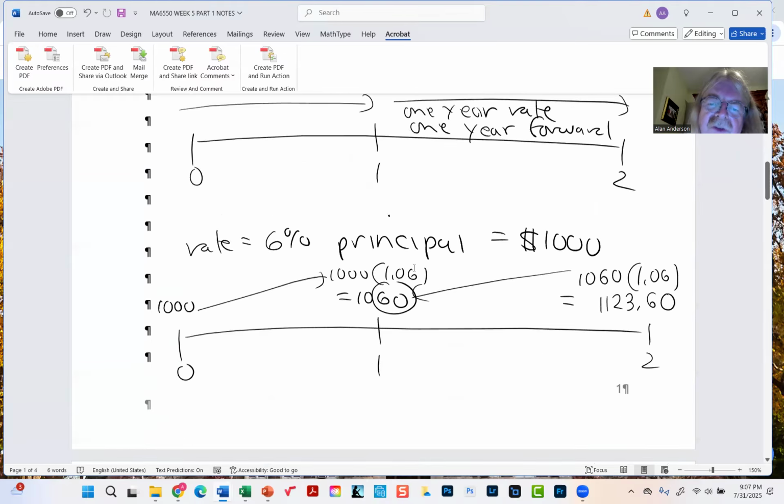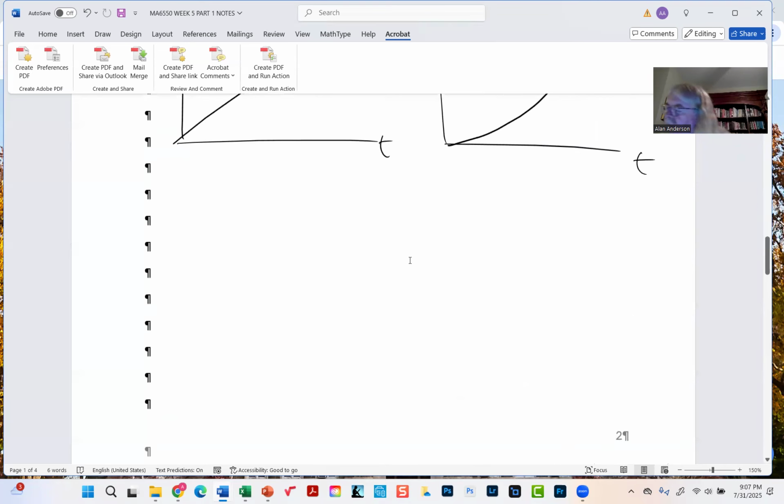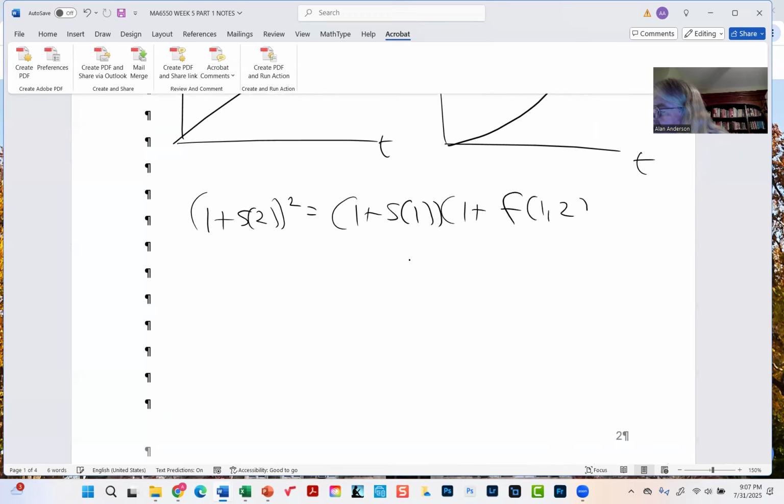Okay, so in other words, algebraically, that means that, and by the way, the notation that we're going to use here is this.